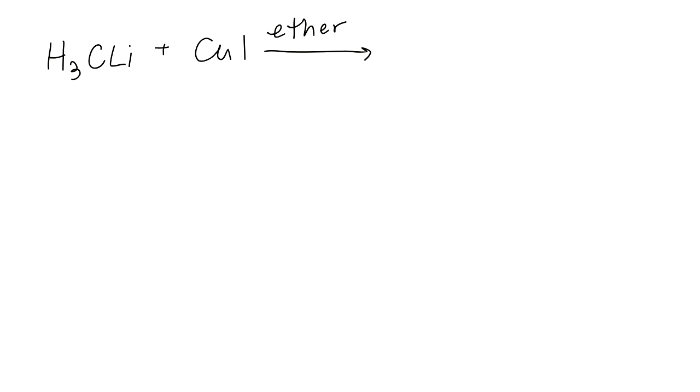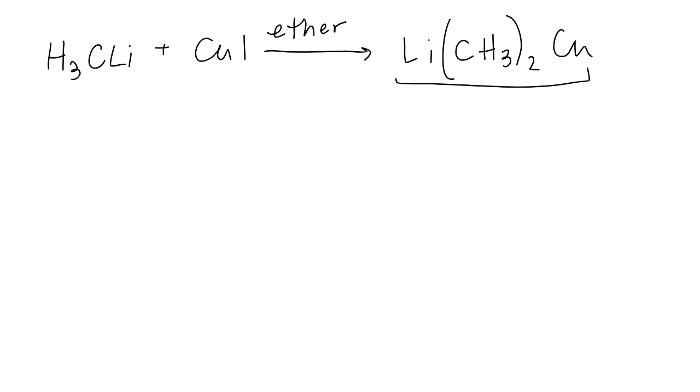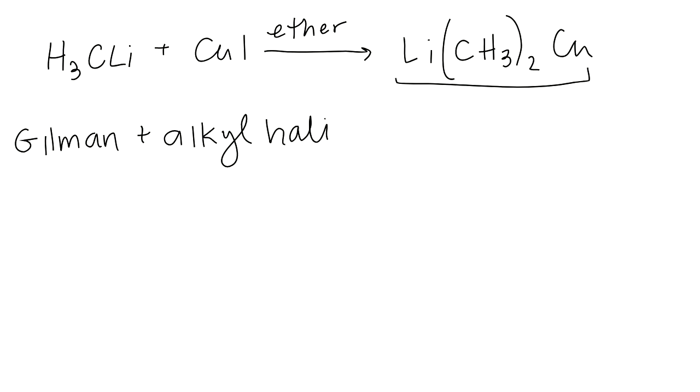And so we're going to end up with Li, 2 of the R's, so (CH3)2, and Cu. This is our Gilman reagent. So now what we can do is add our Gilman reagent to an alkyl halide and make an elongated hydrocarbon.